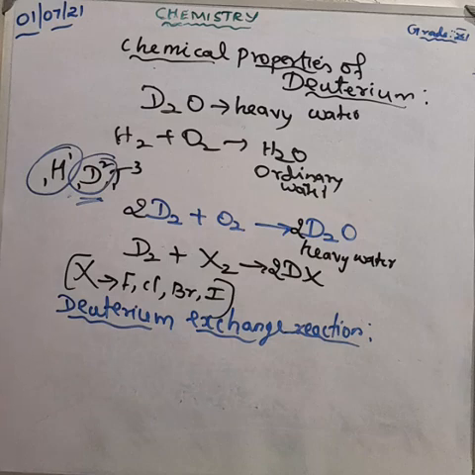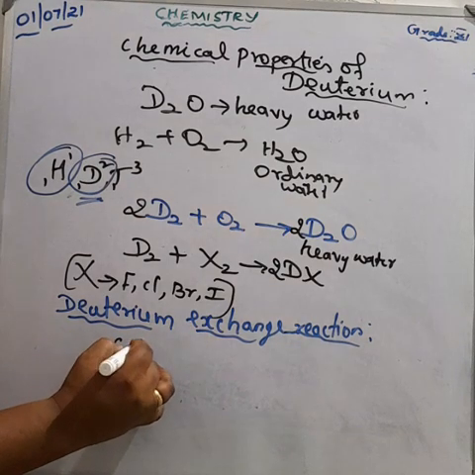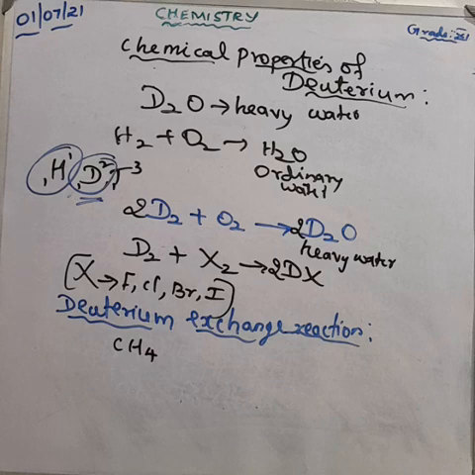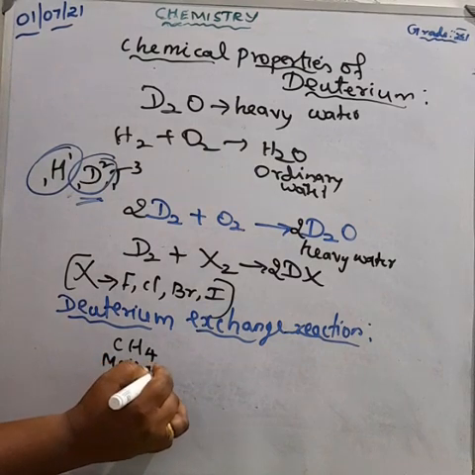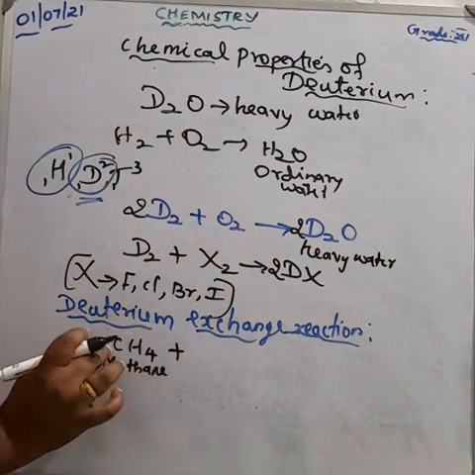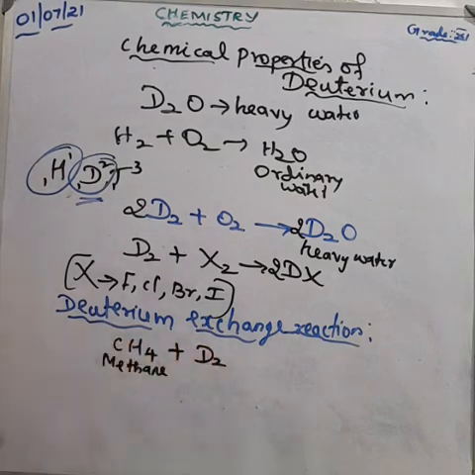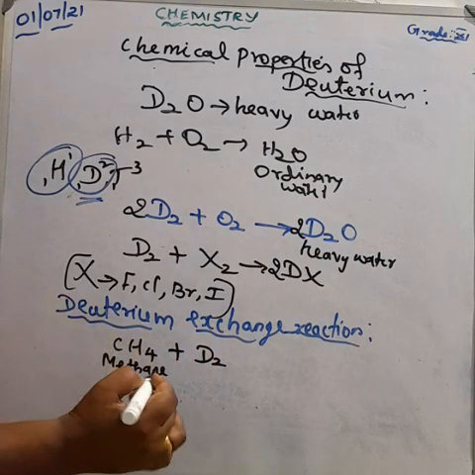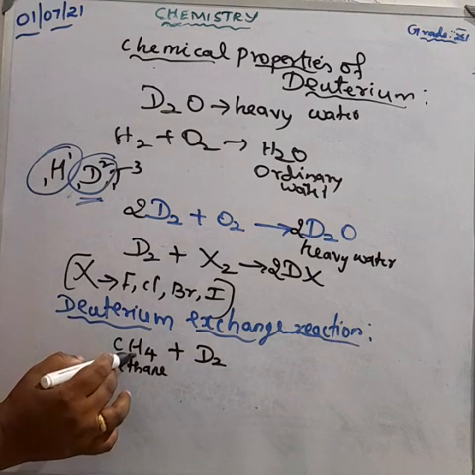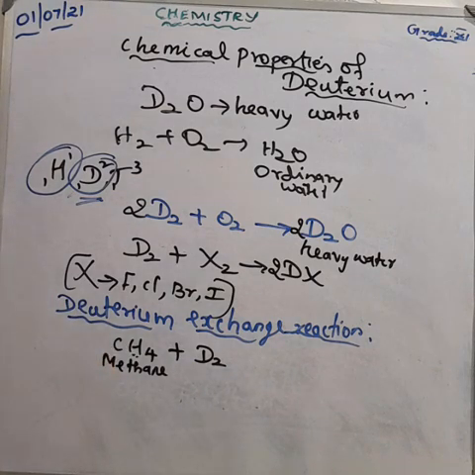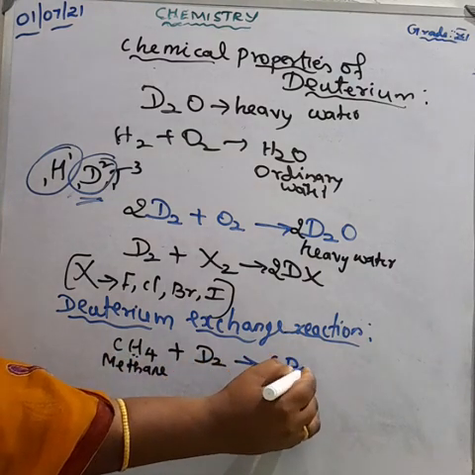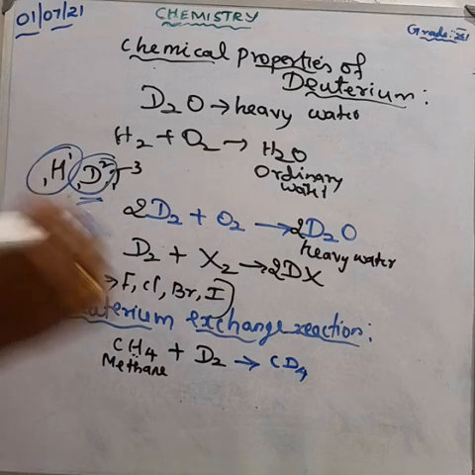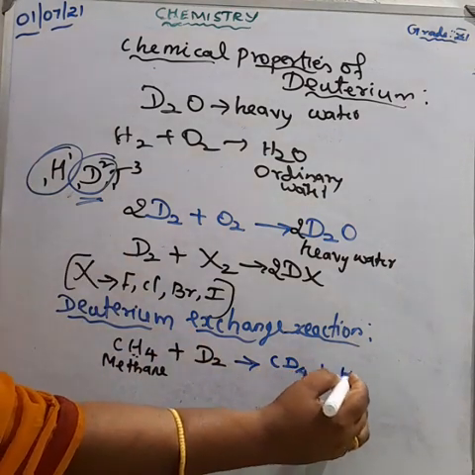For example, I am taking methane. What is the formula for methane? CH4. When methane combines with deuterium, the deuterium atom can completely replace the hydrogen atom from the methane to form CD4, and it liberates hydrogen gas H2.